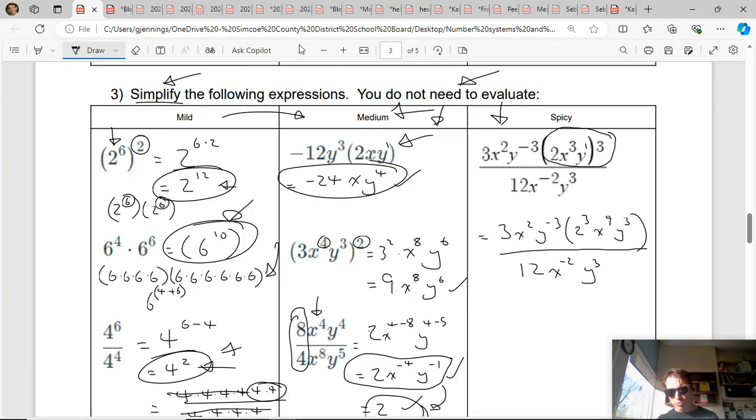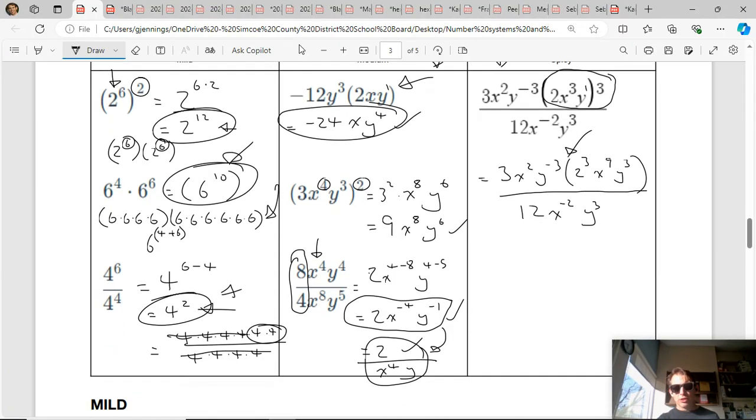Now let's do this multiplication that exists up here. Okay, so I've got 3 times 8. 2 to the 3 is 8. Okay, you want to be able to do that. So that's 24. X to the 2 times x to the 9 is x to the 11. I just added the exponents, folks.